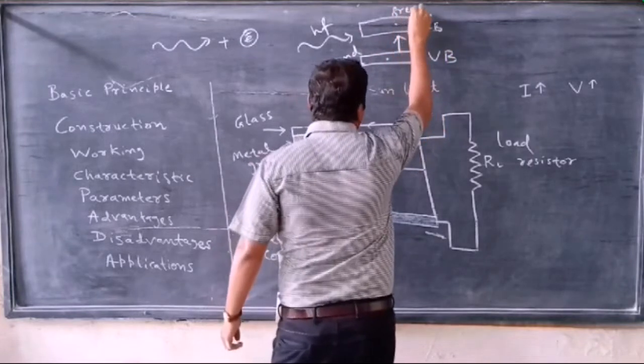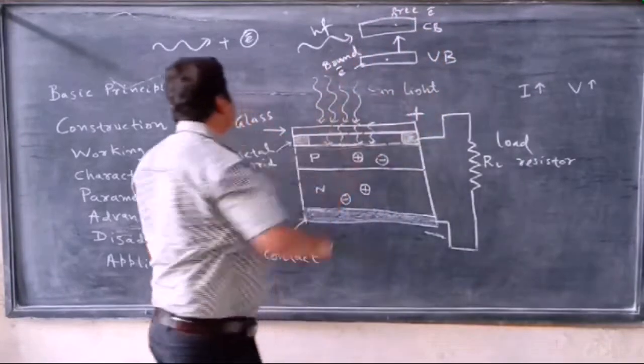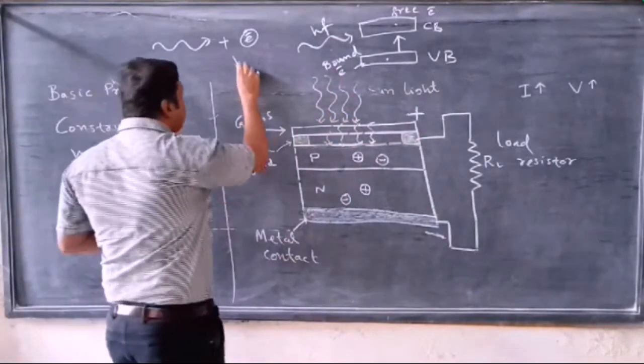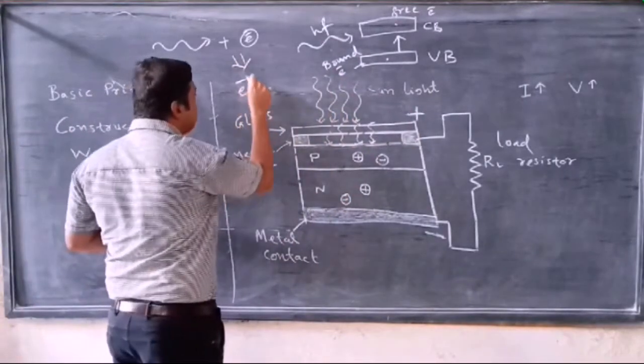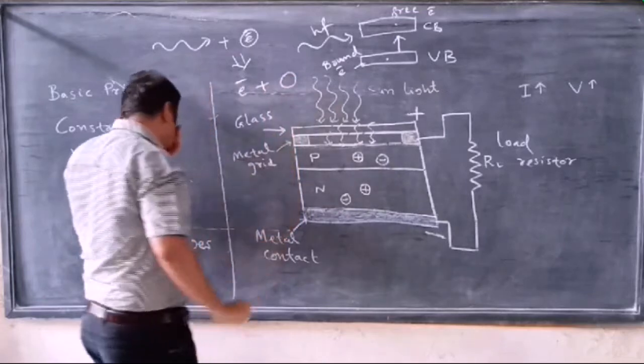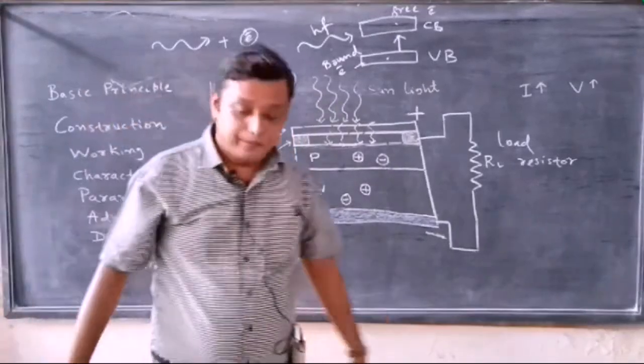This is a free electron. So it will give an electron plus a separate hole.